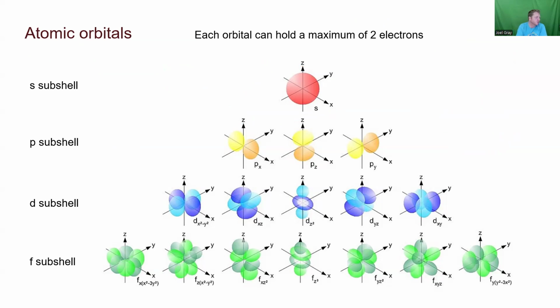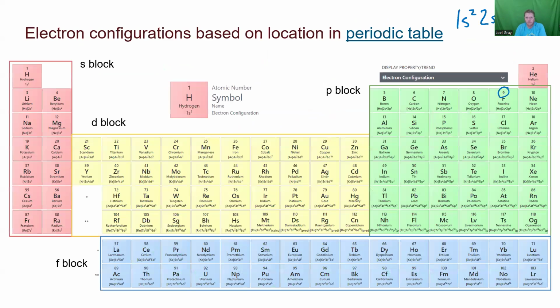These different subshells, there's 1, 2, 3, 4 different subshells. These different subshells correspond to different parts of the periodic table. For example, the S subshell corresponds to the S block.